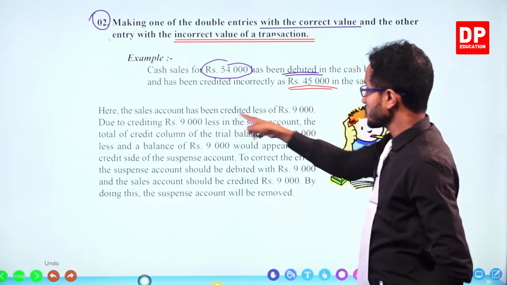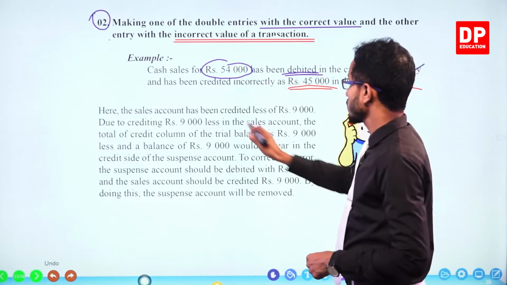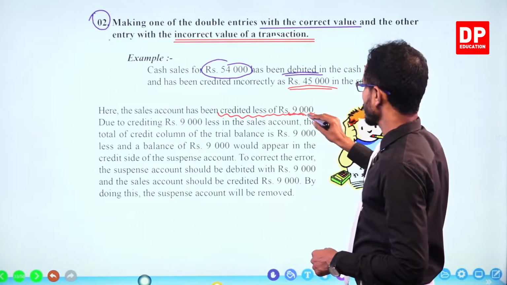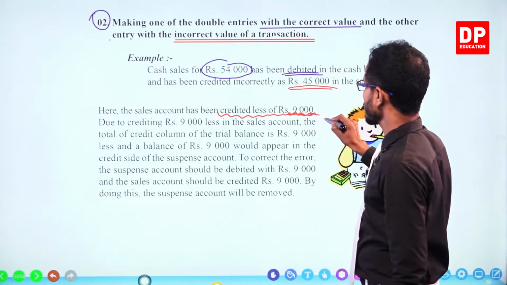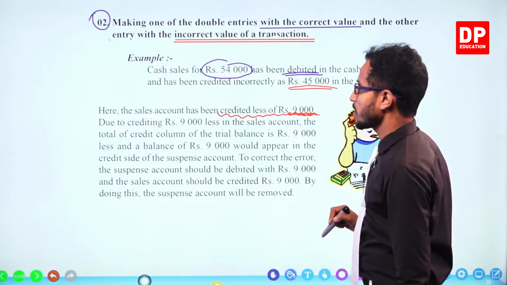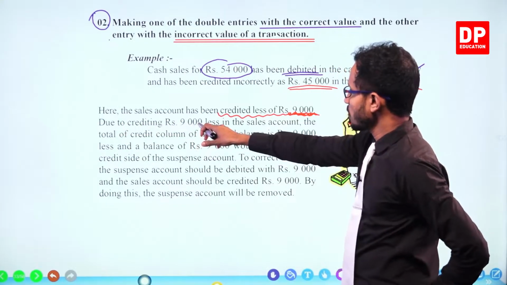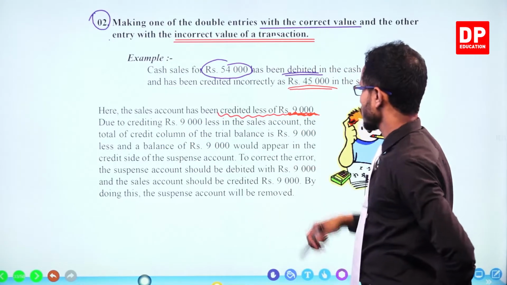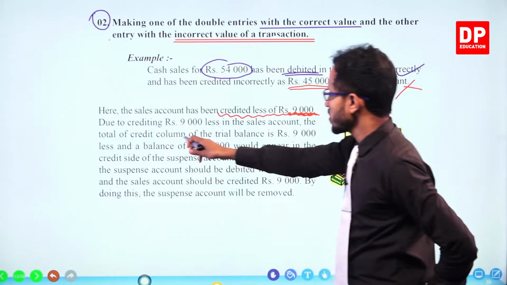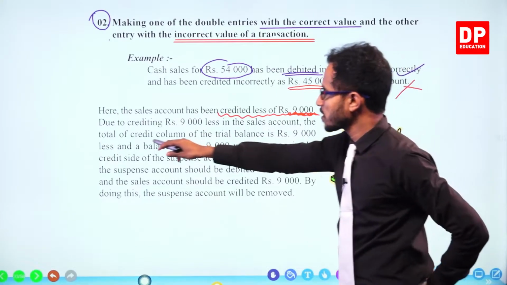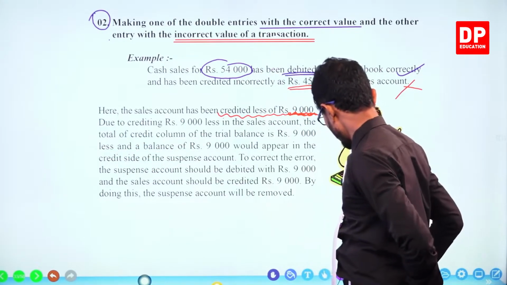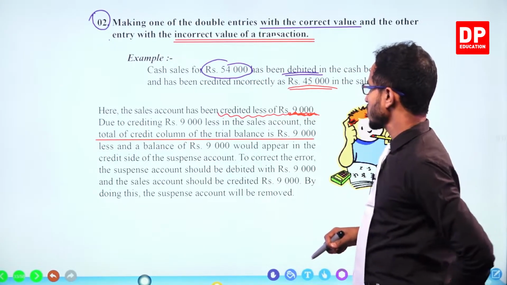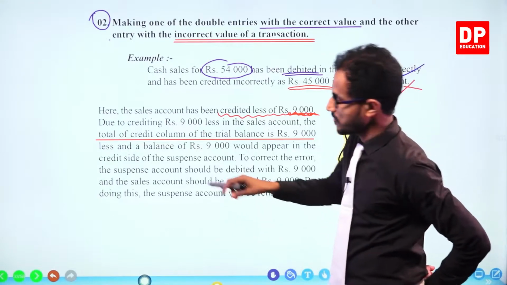Here the sales account has been credited less by rupees 9,000. Due to crediting 9,000 less in the sales account, the total of the credit column of the trial balance will be 9,000 short.